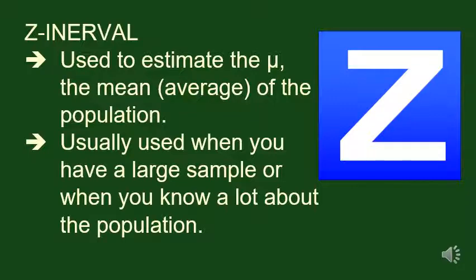You use a Z interval when you want to estimate an average, a mean for the whole population, and typically we use it either when you have what in statistics we call a large sample, or when you know a lot about the population ahead of time, and we'll get into the specifics of that here in just a minute.